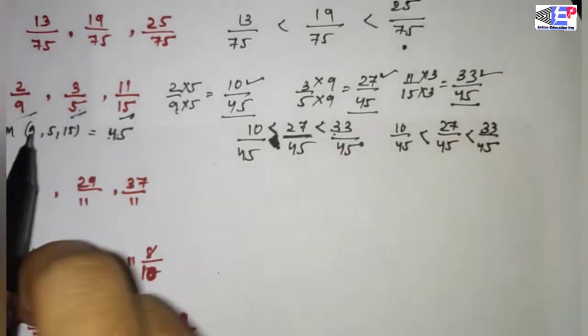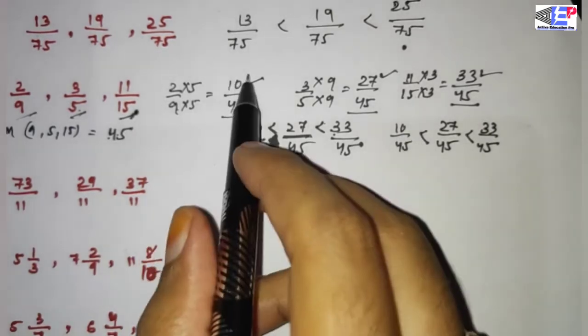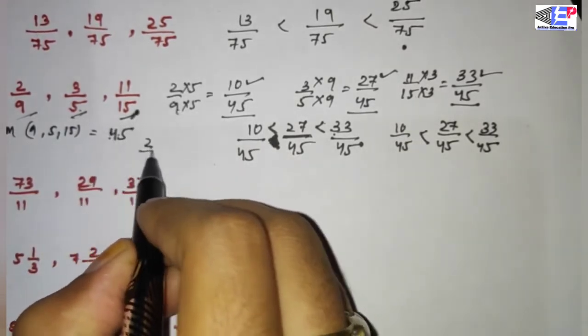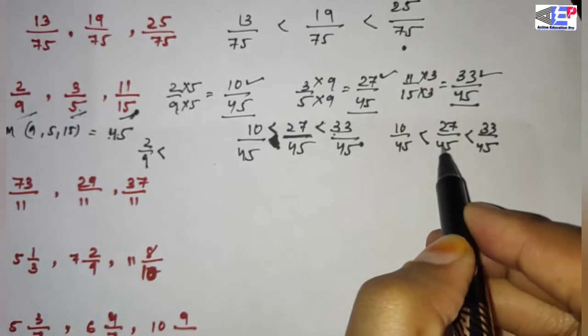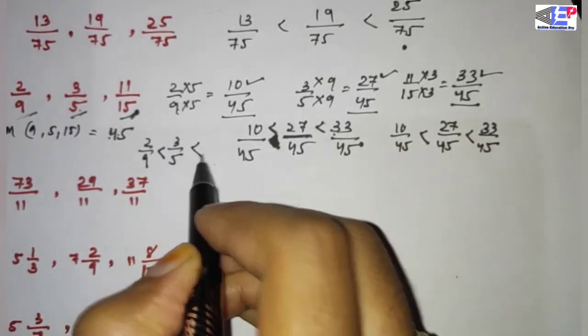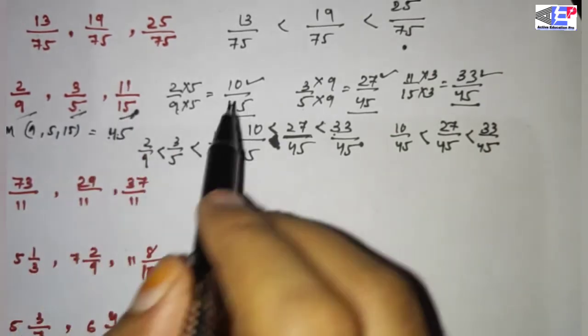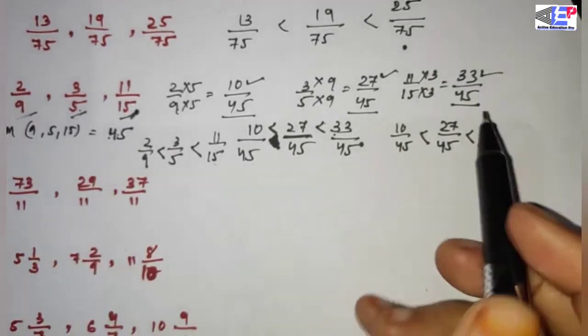You have to put the original values given in the question. So 10 by 45 is the original value 2 by 9, less than 27 by 45 which is 3 by 5, less than the last one, 11 by 15. So 2 by 9, 3 by 5, 11 by 15.